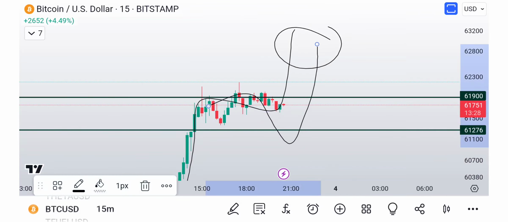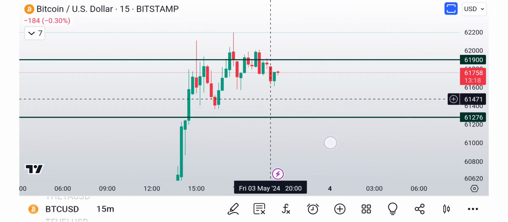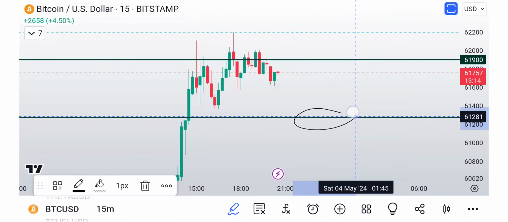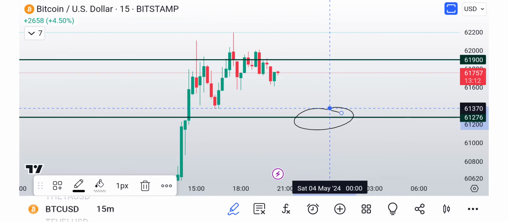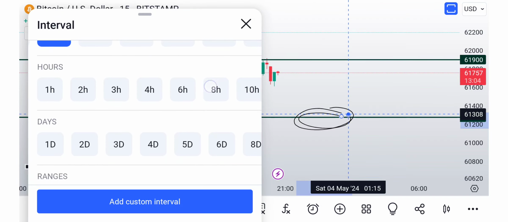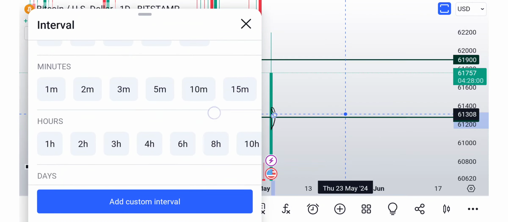Yeah, we're right there, basically in between these 2 areas. So as long as we close above this line today, I think we've done a good job for Friday. So today's goal is to close above this line. I mean, we still have, let's see, from the time of recording this video, about 4.5 hours.